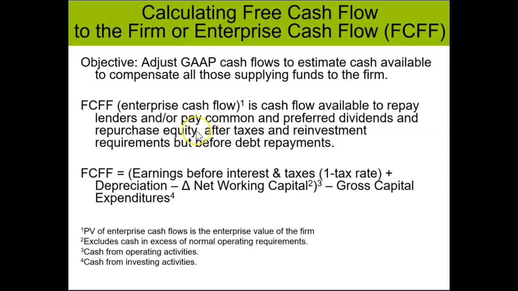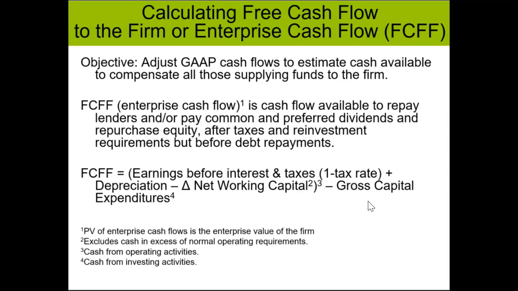That means debt holders, preferred shareholders, and equity holders. So the formula which we use is EBIT times 1 minus tax rate plus depreciation minus change in net working capital minus gross capital expenditures. That is what we call CAPEX, or capital investments.